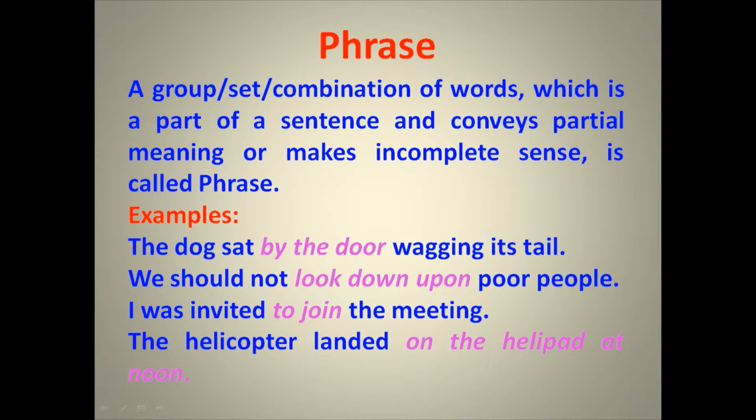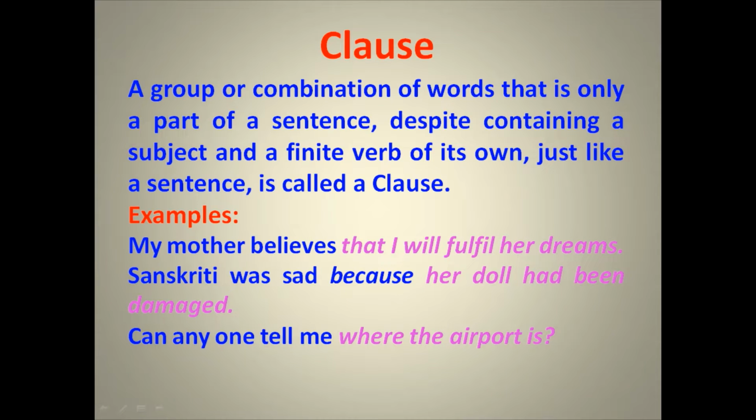Okay. Next, come to the clause. It is also a group or combination of words like a phrase, but it is a part of a sentence, and it also contains a subject and a finite verb of its own.